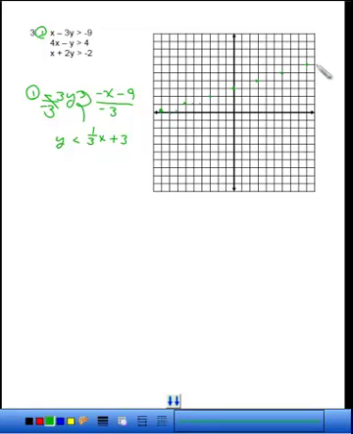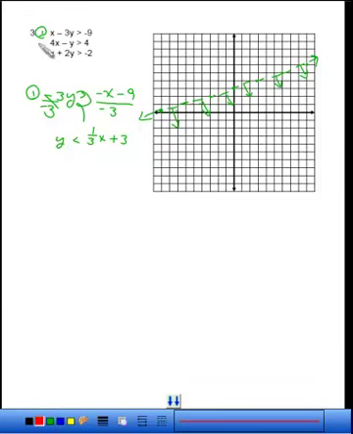Alright, and so it is just less than, so we have a dotted line that we're going to run through here. Less than means I want to shade this direction from that line. Okay, so that's the graph of line number 1.